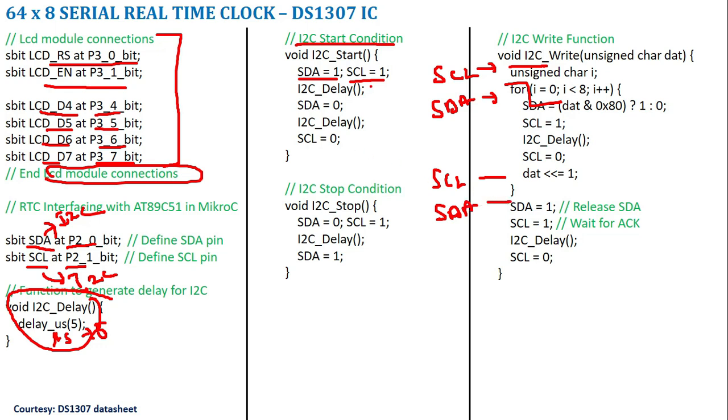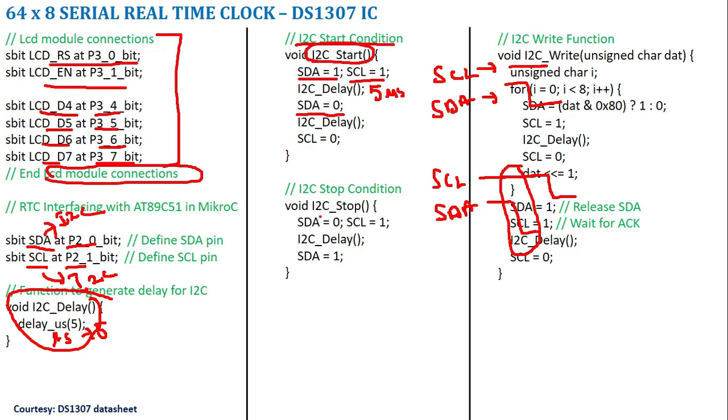Then after a 5 microsecond delay, we make SDA 0. So it goes from high to low while SCL remains high. This indicates the start condition. Then after this SDA transition, we make SCL go low. So this indicates the I2C start condition.